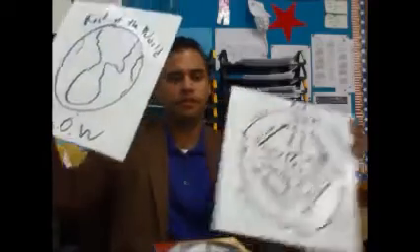Some stuff's going to come into the economy from the rest of the world, and some stuff is going to go out of the economy to the rest of the world. Now, the stuff that's coming into our economy from the rest of the world is called imports. And the stuff that's going out to the rest of the world from our economy is called exports.